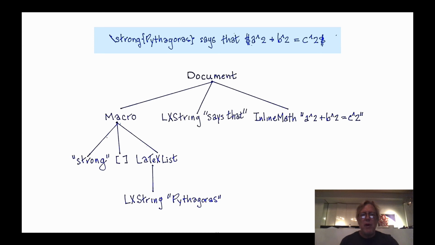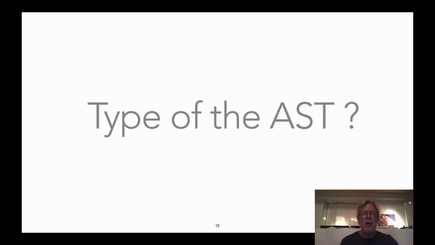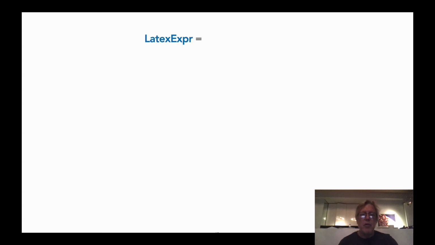But the main point is that in order to get this off the ground, you have to think about the type of the abstract syntax tree. Remember, I said that Elm is a strictly typed language, and this is the key for doing this. So here it is. It actually fits on a page. The type is something I call LaTeX expression, and it contains things that will be familiar to you.